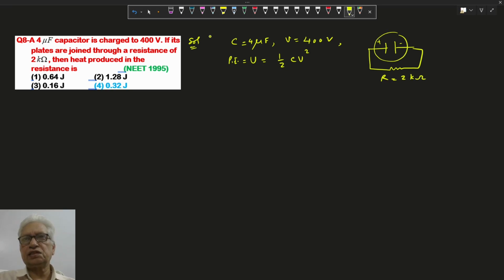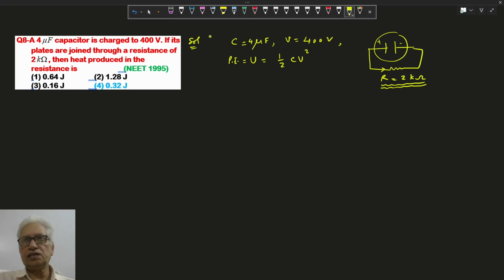Whatever energy is stored in the capacitor, it will discharge through the resistance of 2 kilo ohm. If the resistance is more, more time will be taken, and vice versa.